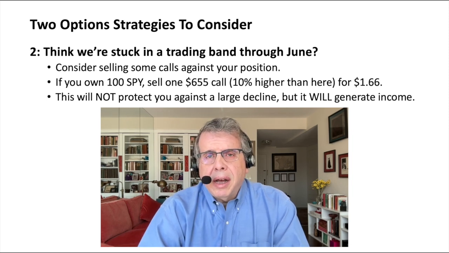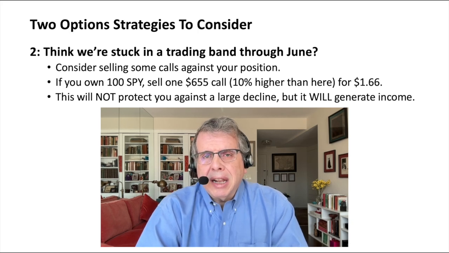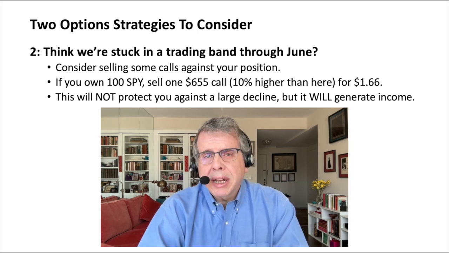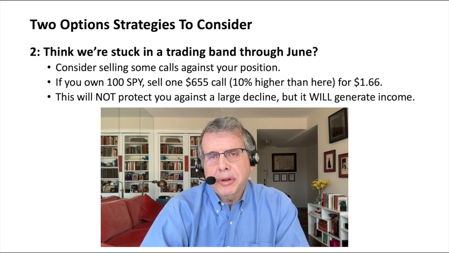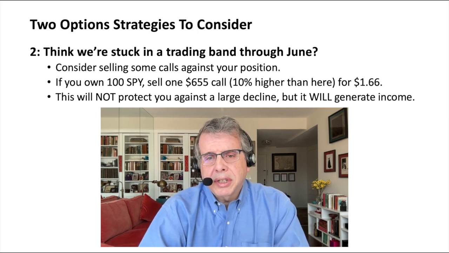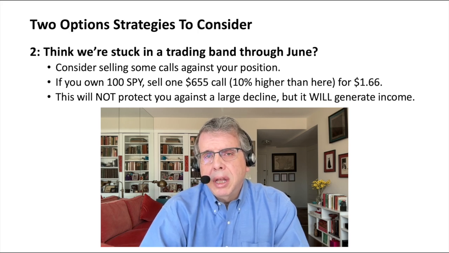The next idea is, if you think we're stuck in a trading band between now through June, and that's entirely possible, how do you make a little bit of money leveraging that idea? And you might want to consider selling some call options against your underlying spider or S&P position. If you sell one 655 call, 10% higher than here, expiring in June, you're going to get $1.66.